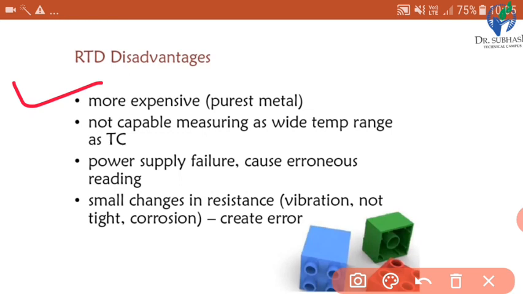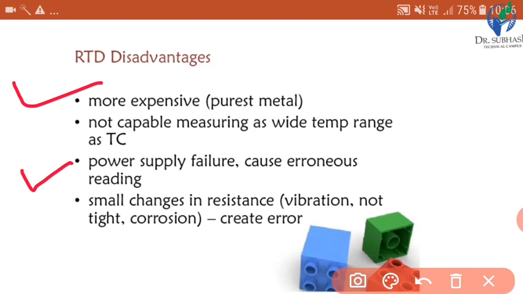It is best suited for a moderate temperature range, but for high or wide temperature ranges, a thermocouple is better than RTD. Power supply failure causes erroneous readings. A power supply is given to the Wheatstone bridge circuit, and if the power supply fails, the result will be erroneous. So this is a disadvantage.